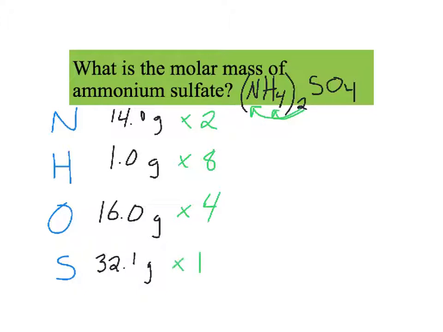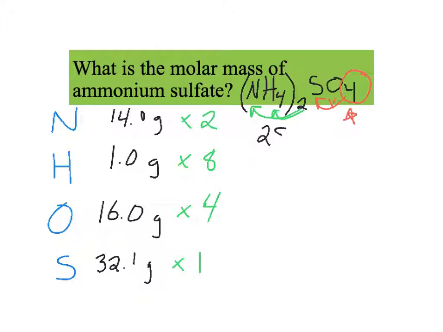Keep in mind, let's make a note here, that this 4 does not distribute to the sulfur. We don't do that. The 4 is on the oxygen. The only reason we would distribute is if the 4 was in parentheses outside. So let's add them up.